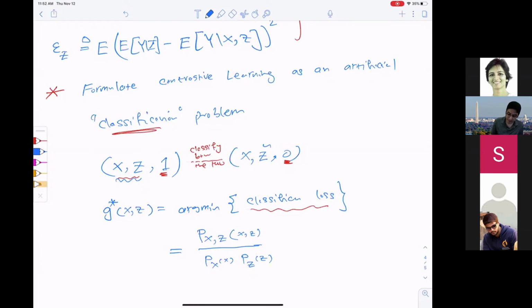Let me give you an example. Let's say you have a cat, and that's your X. And then you augment something to this. It's still a cat, right? So that is your Z. That's basically an X and Z pair. And then you have another cat, the same cat.